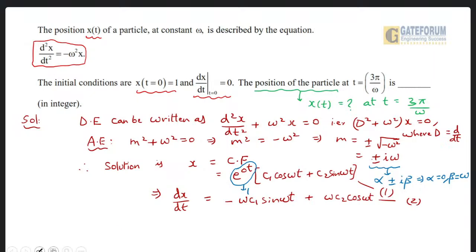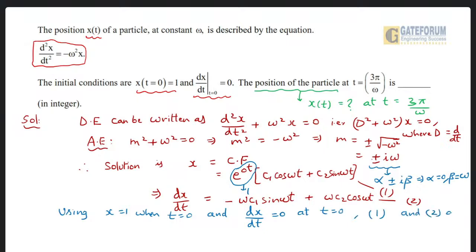Now using x value 1 when t is equal to 0, and dx by dt is equal to 0 at t is equal to 0, equations 1 and 2 give, now first x value 1, cos 0 is 1, sin 0 is 0 after putting t as 0.